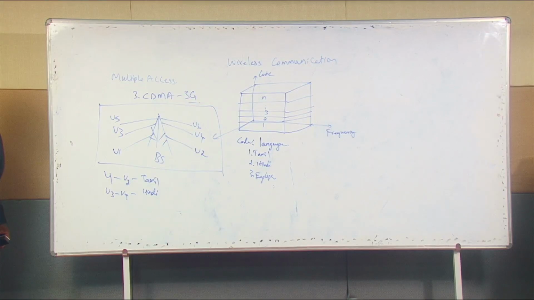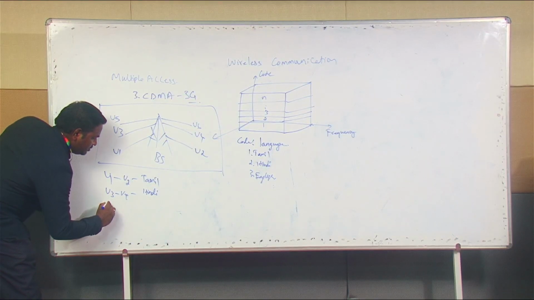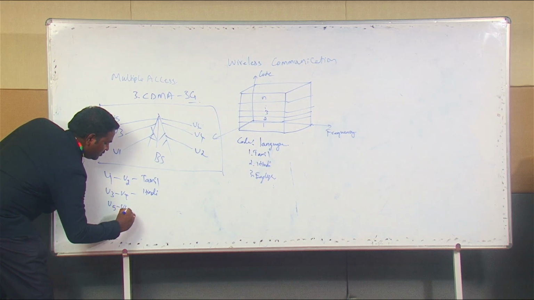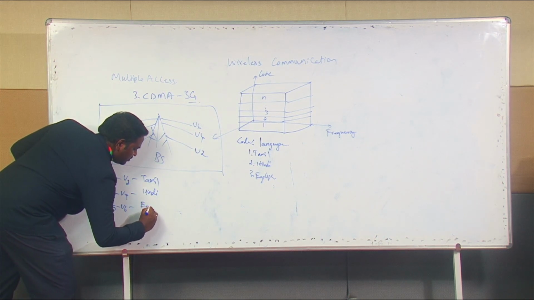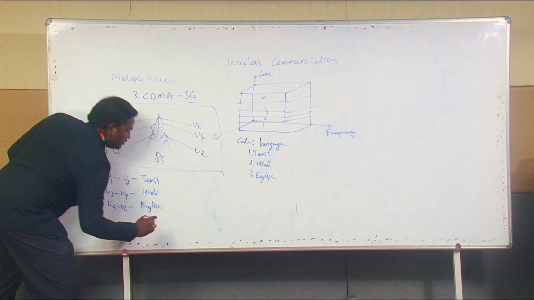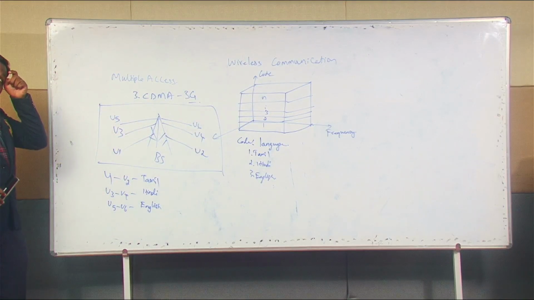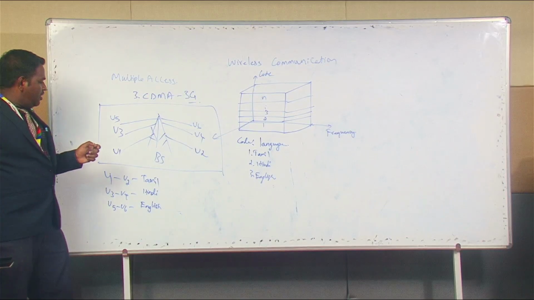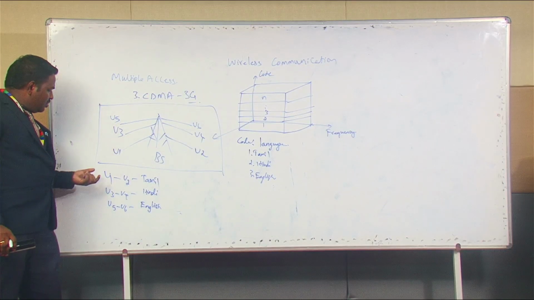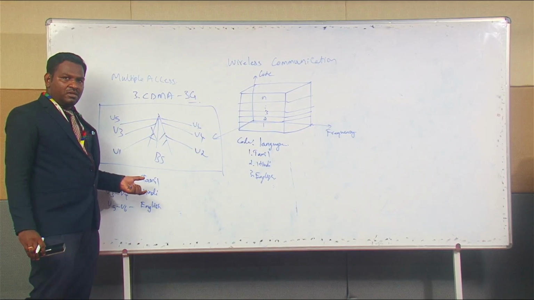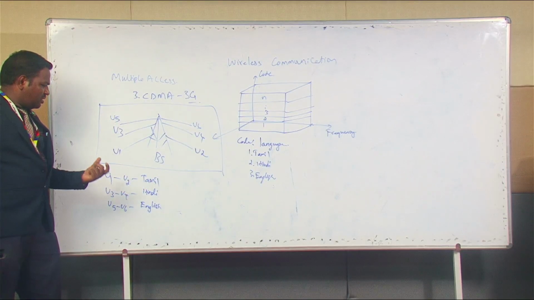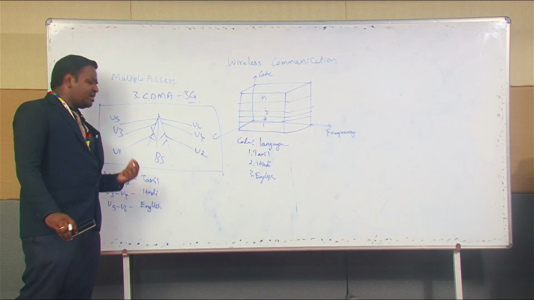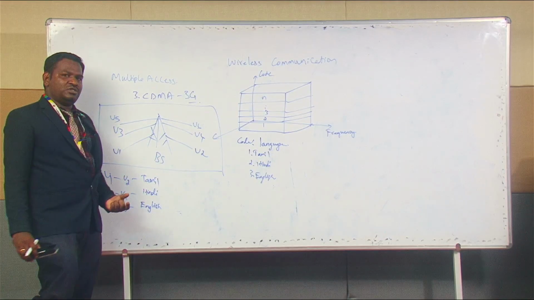User 5 and user 6 will communicate by using English. Now listen. They will use the entire bandwidth, entire time duration. So this Tamil is a code word. They will speak in Tamil, they will speak in Hindi, they will speak in English.